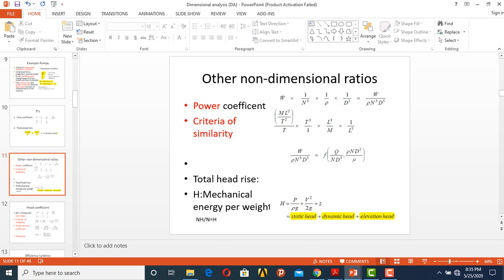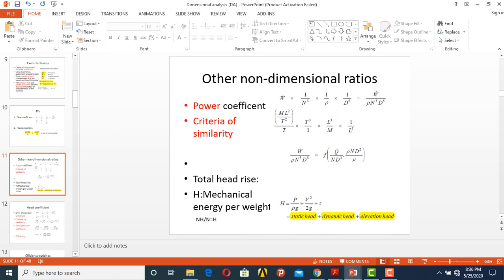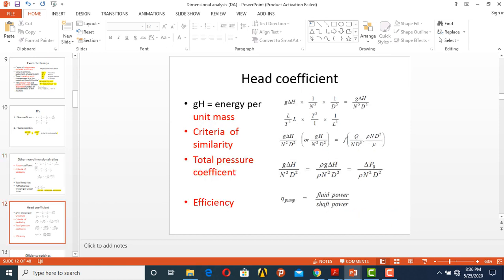The total head for the pump, we have already described how to come up with the head coefficient, and it can be gotten in a similar way. The head coefficient, most of the time, is a key and important parameter when you're analyzing pumps.